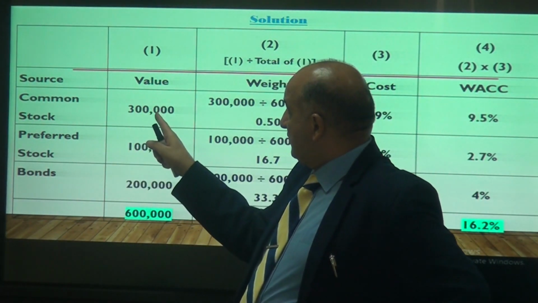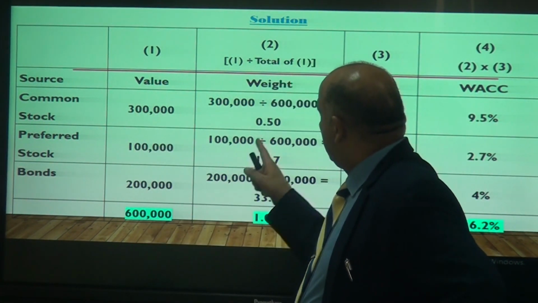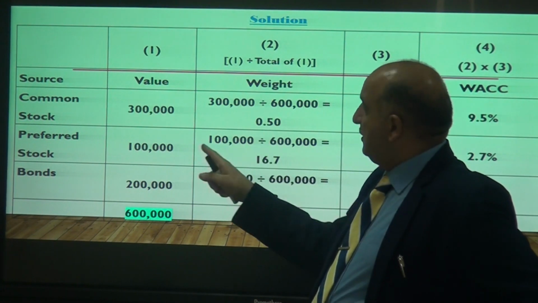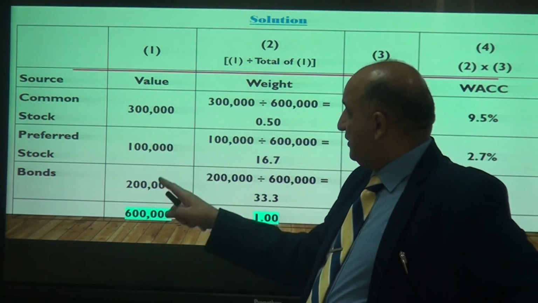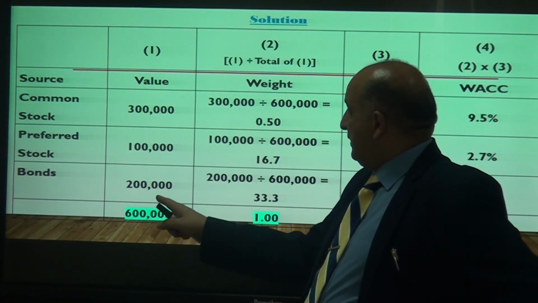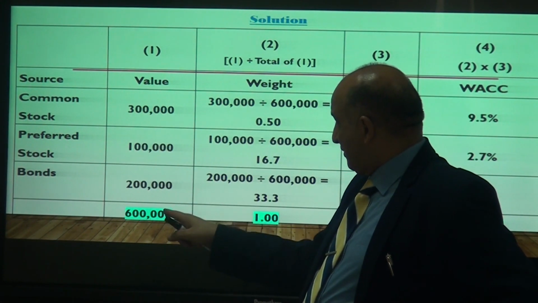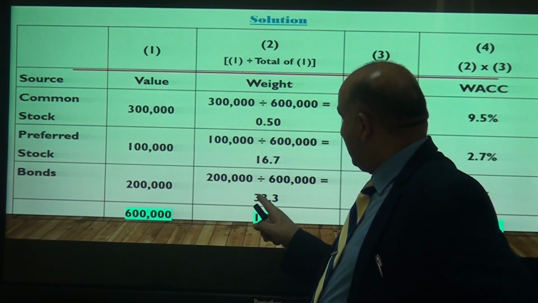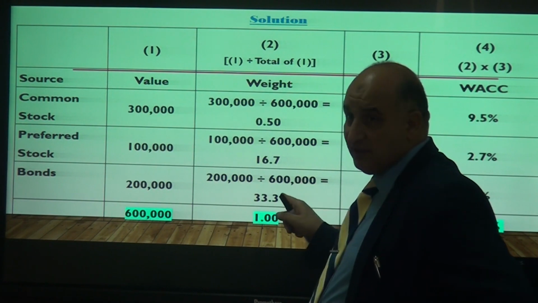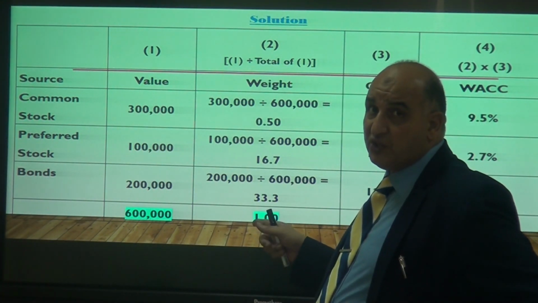Common stocks 300 divided by the total amount, which is 600, represents 50%. Preferred stocks 100 divided by 600, 16.7%. Bonds 200,000 divided by 600, it is 33.3%. The total weight is 100%, which is 1.